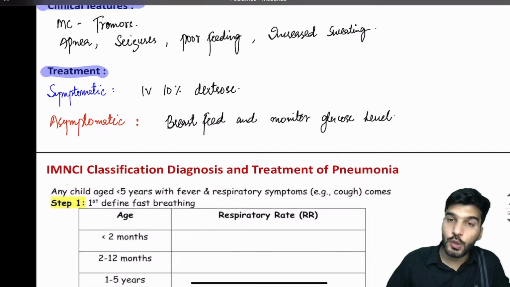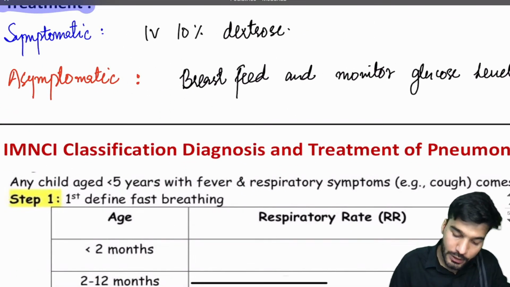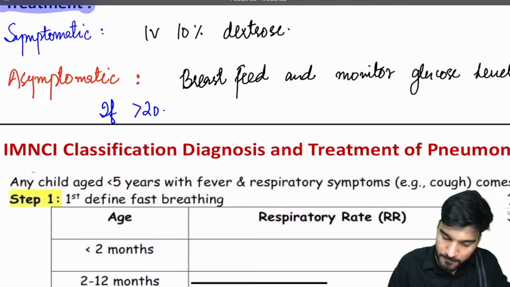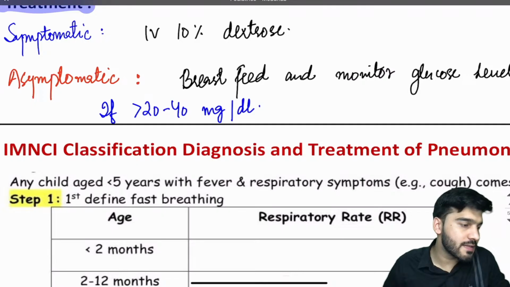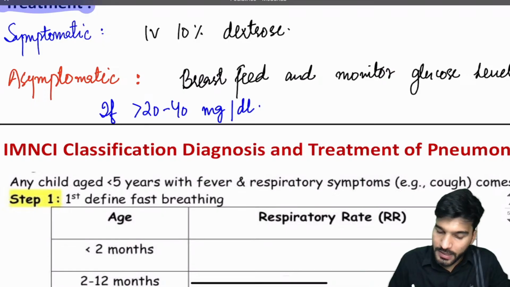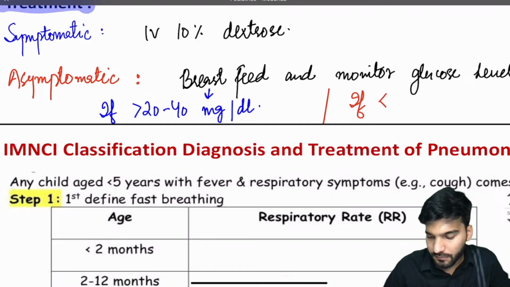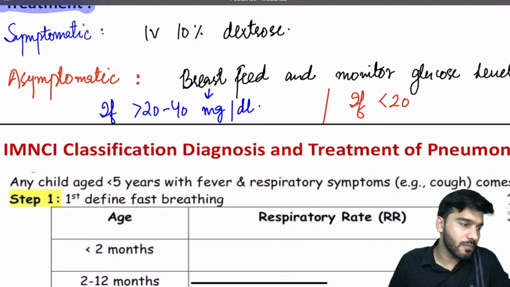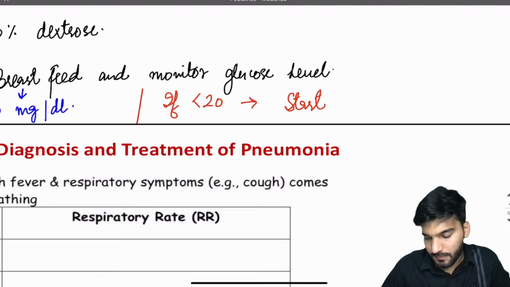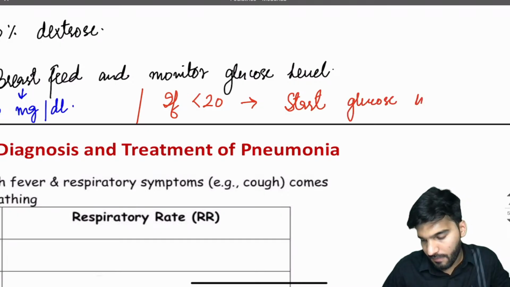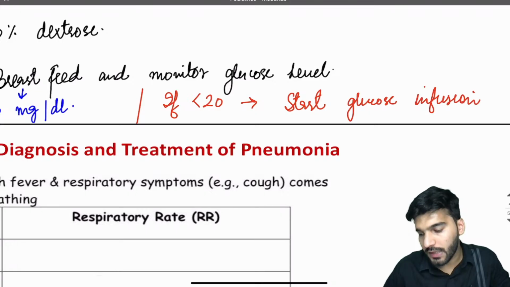If the glucose level is more than 20, continue the breastfeed. If less than 20, you need to start the glucose infusion.